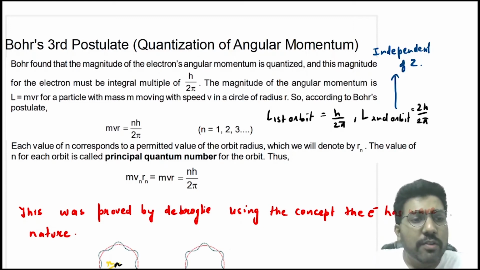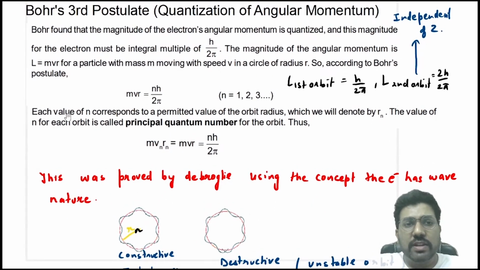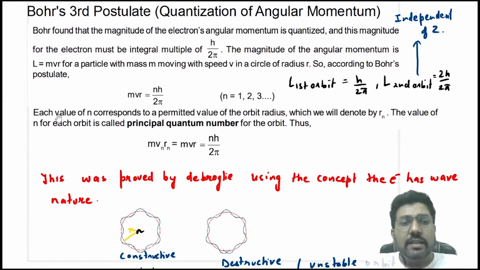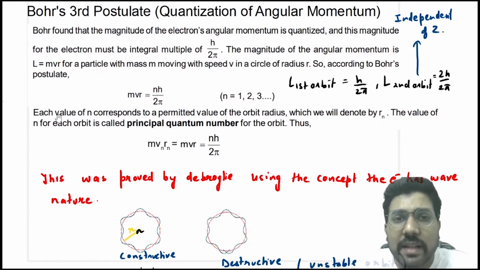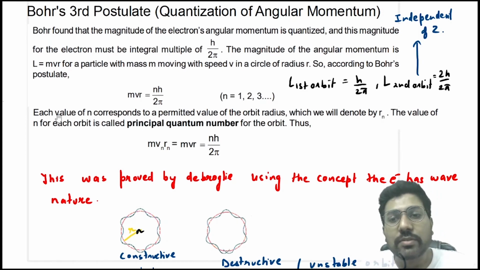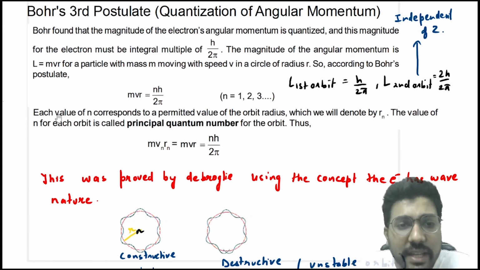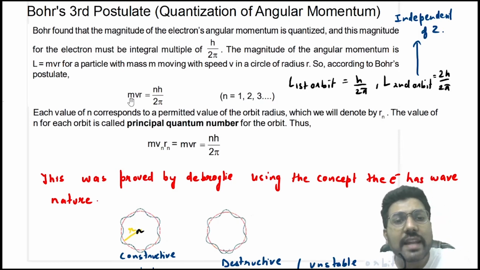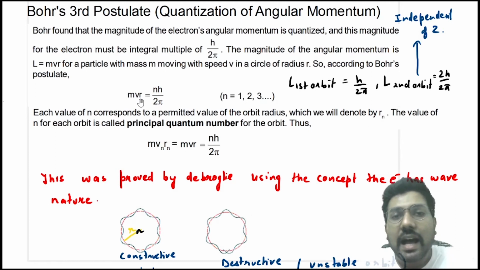So the angular momentum postulate is mvr is equal to nh upon 2 pi. Here n represents the orbit number. First orbit n equal to 1, second orbit n equal to 2, third orbit n equal to 3. And this velocity is the velocity of the electron in the nth orbit, and r is the radius of the electron in the nth orbit.